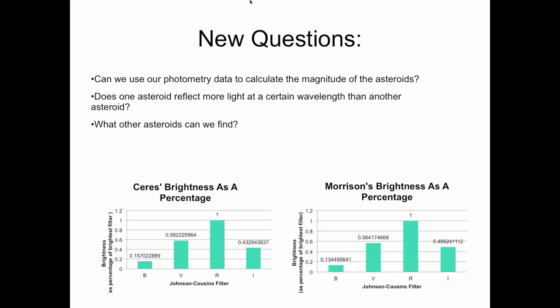So with R being 100% with Ceres, the B filter only showed 15% of that brightness, or about 60% of that brightness. And we're going to continue to try to collect more information from reference stars in order to understand better how the filters interact with how we can see the different brightness of these asteroids as well.